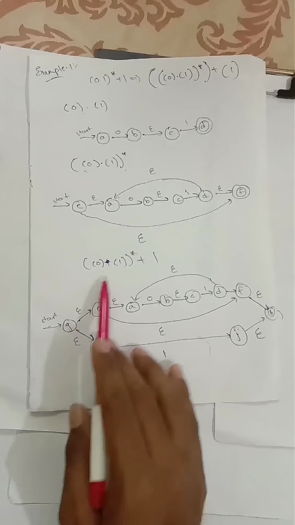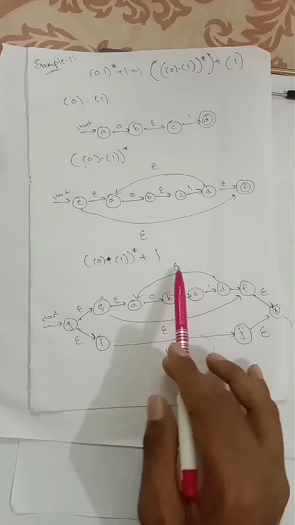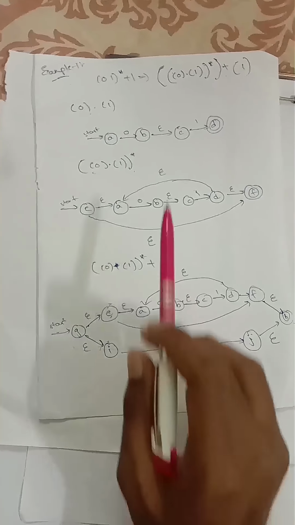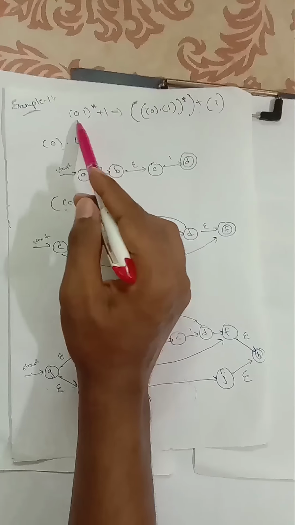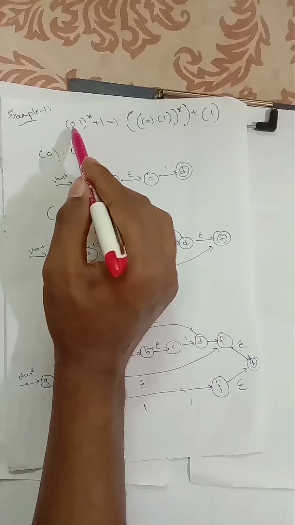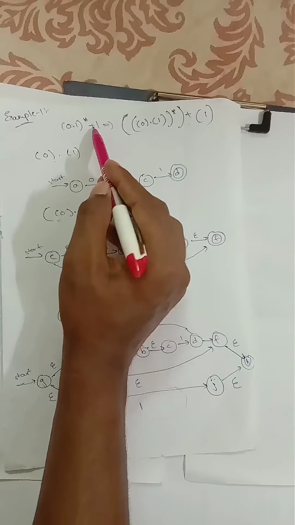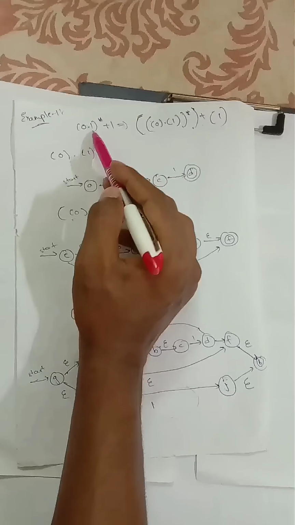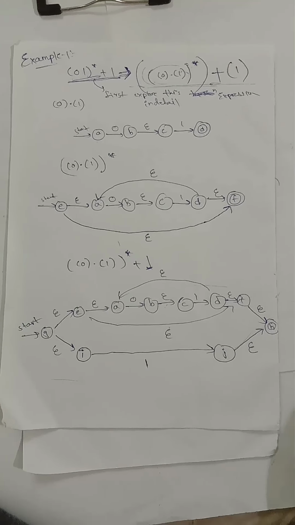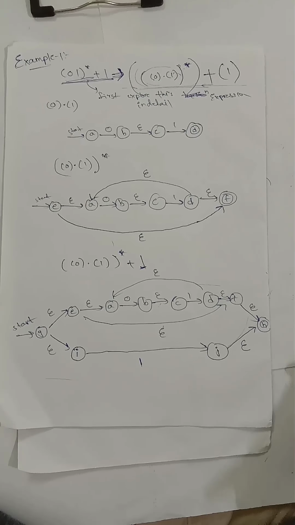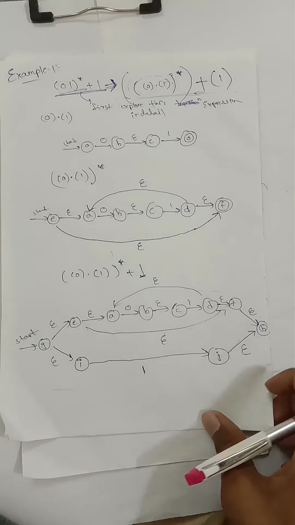So now this diagram will become an automata for the given regular expression, which contains 3 operations: union, star and concatenation. So now for better understanding, we will move on to the next example.